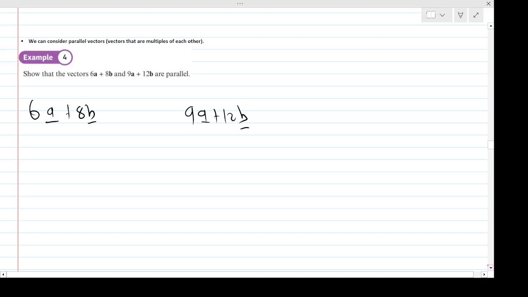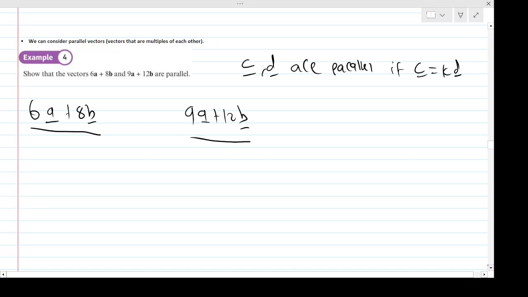So remember last time we said that two vectors, I'm going to call them c and d, are parallel if we can express them as multiples. So if we can say that vector c is a multiple of vector d, where k is the multiplier. In this case, we want to show that these two vectors, 6a + 8b and 9a + 12b, are parallel. If they're parallel, they need to be multiples of each other.